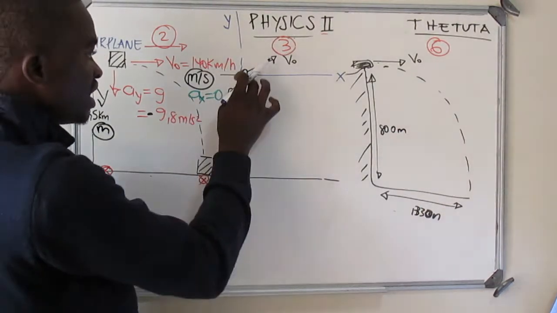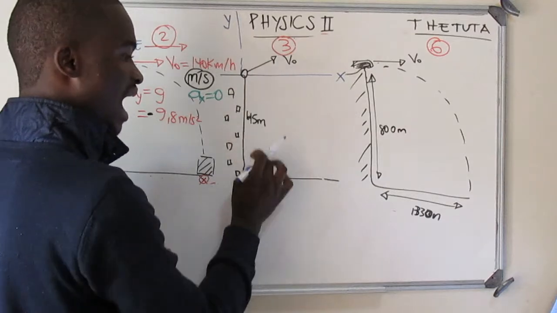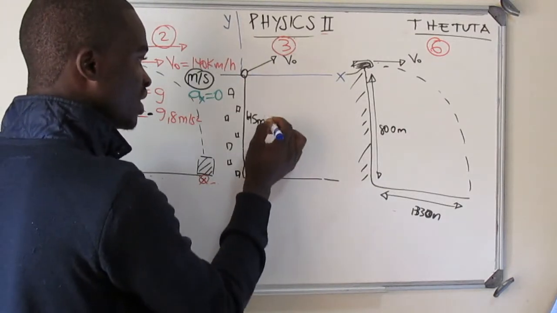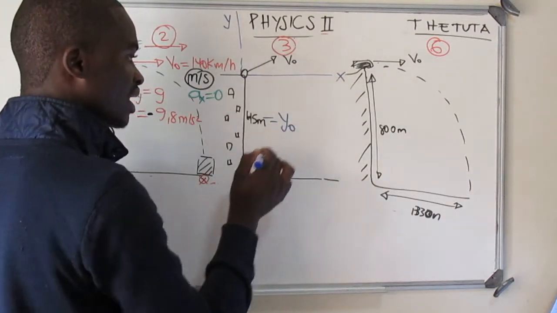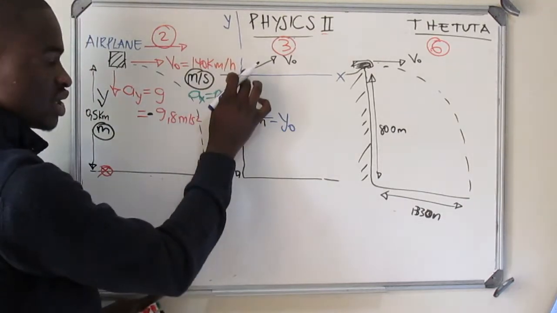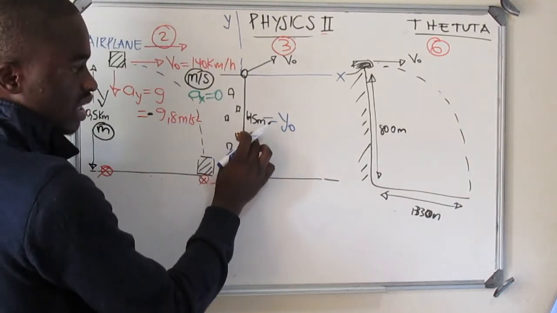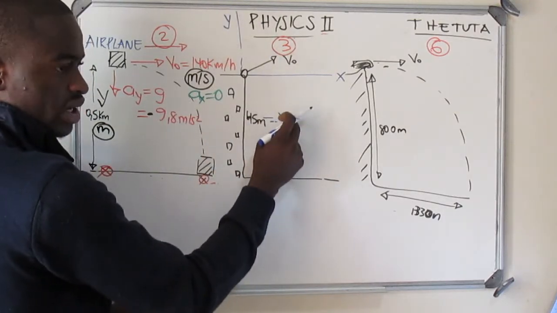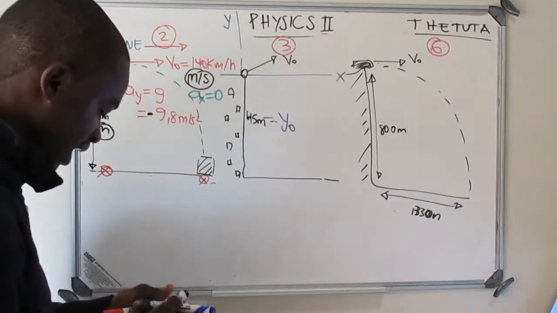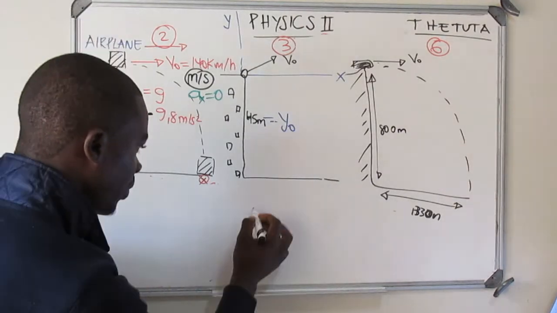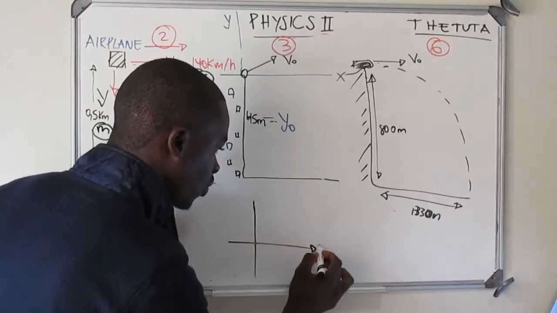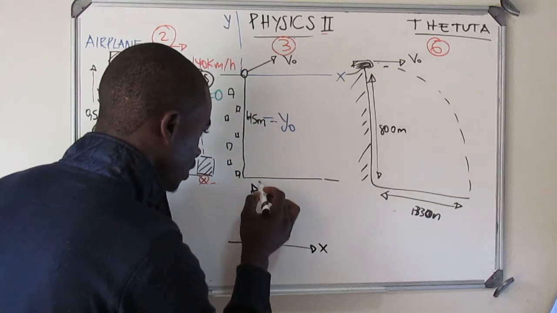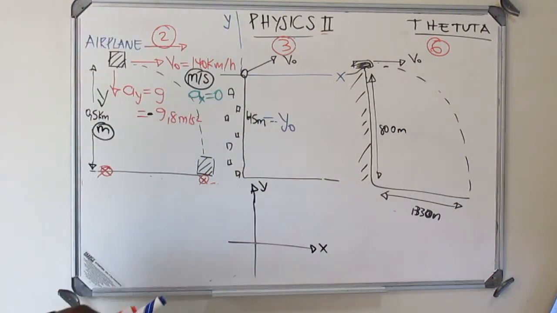But the initial y, which means this y here is going to be the initial y. Can you see? Because we didn't start at 0, we start at 45 meters. This is going to be the initial y, the initial distance in y. Can you see? It's like I'm having an x and y axis. This is my 2D.